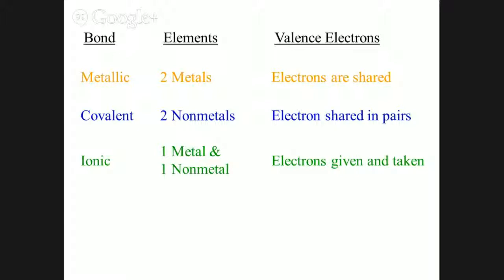We have positive ions. The valence electrons have been given away. And we have negative ions, the nonmetals that have accepted or taken those valence electrons. So just knowing this gets you a long way to being able to do this unit. Because really what we're going to be doing is looking at all kinds of combinations of these situations. Okay, so that ends our notes.